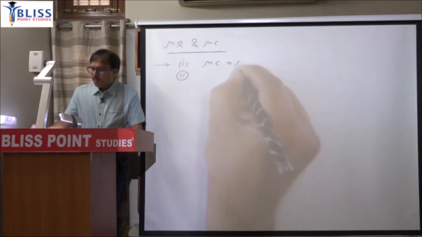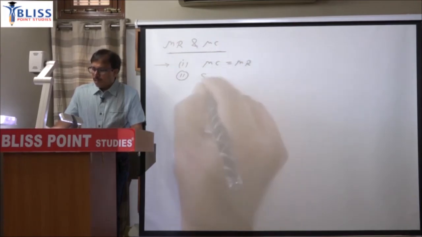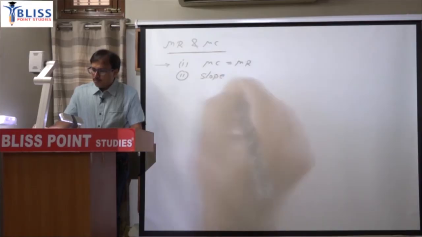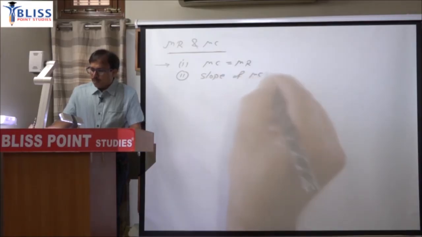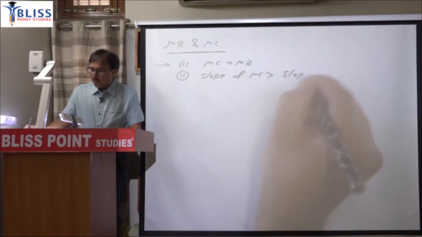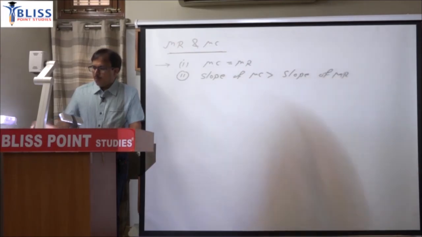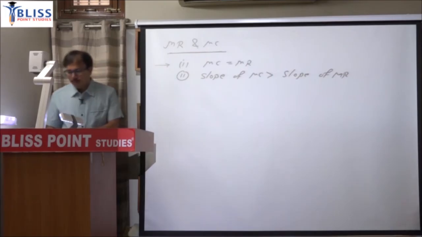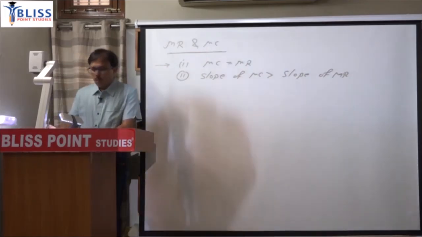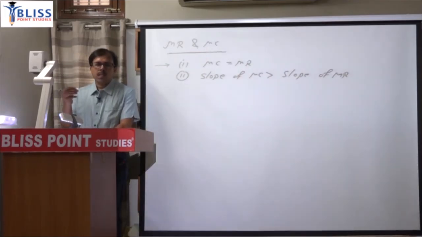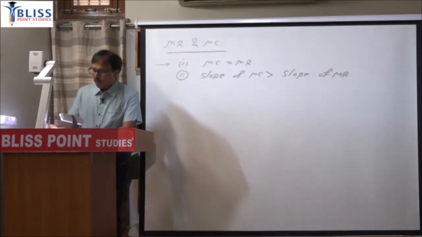First is MC equal to MR, and second, slope of marginal cost is greater than slope of marginal revenue. Slope of MC is greater than slope of MR. Just write down those conditions without using the derivative part. You can ignore that differentiation part, just remember that condition.